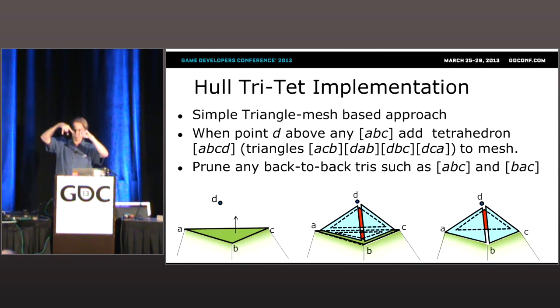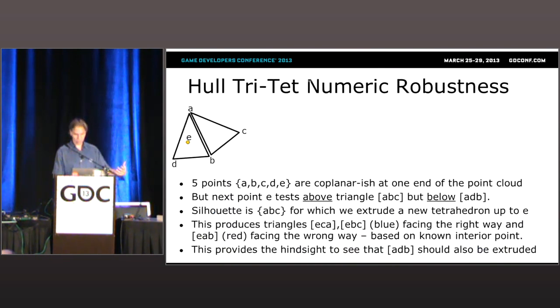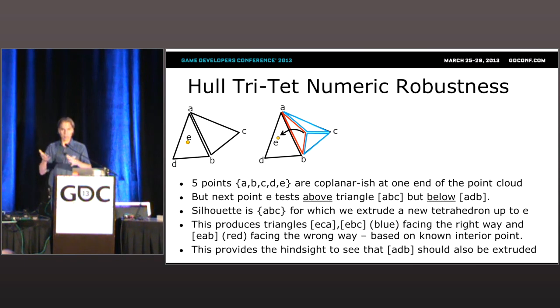Where three of the points are the three vertices of the triangle that I'm putting it on top of, and the fourth point is my new point up here. And then, because we don't want all this stuff inside, we just delete all the back-to-back triangles, and I'm left with just the boundary representation on the outside. So, fairly simple, fairly elegant. But it too runs into this numerical robustness problem, because you can generate the folds and stuff even with this approach.